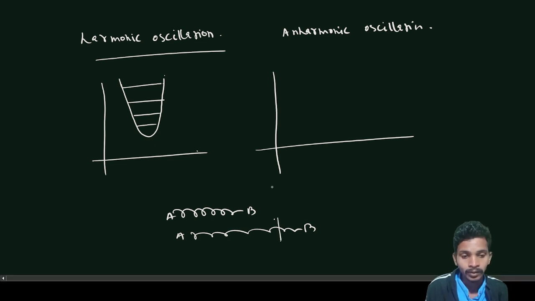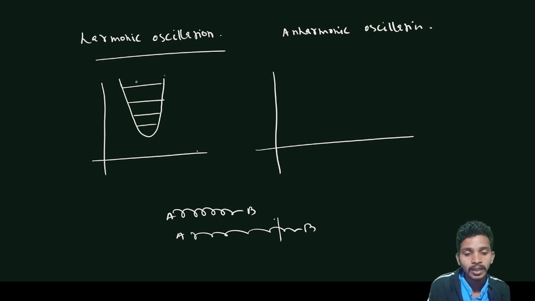In harmonic oscillations we take the ideal case that however much you stretch it, it does not break. But in reality, after a certain point it cannot stretch any more and it will break. That is explained in anharmonic oscillations.